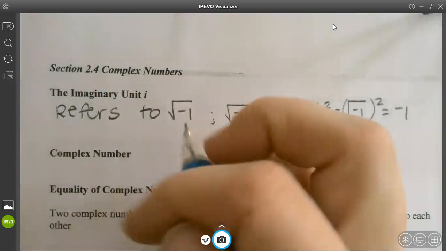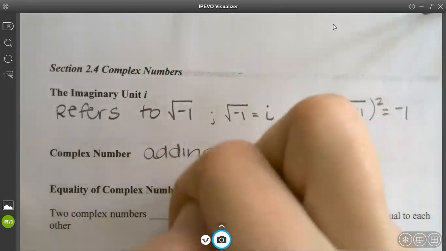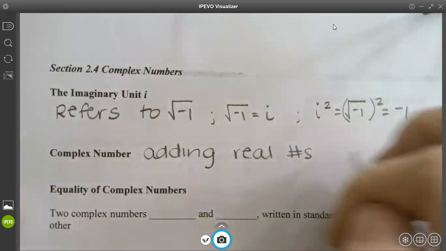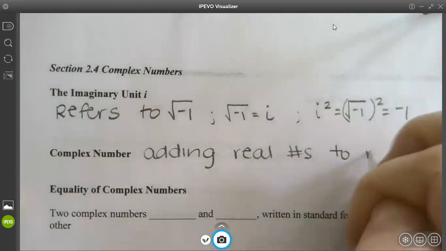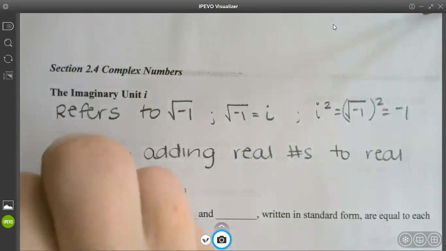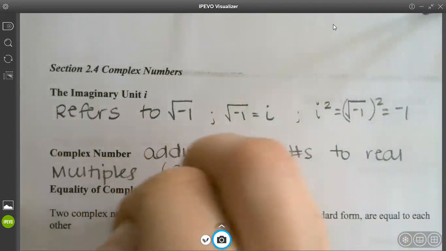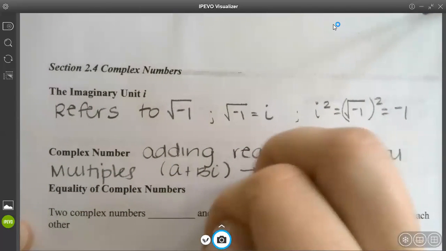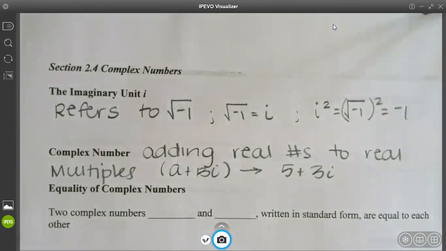So it's adding real numbers to real multiples of i. So for example, a plus bi, or something like 5 plus 3i.